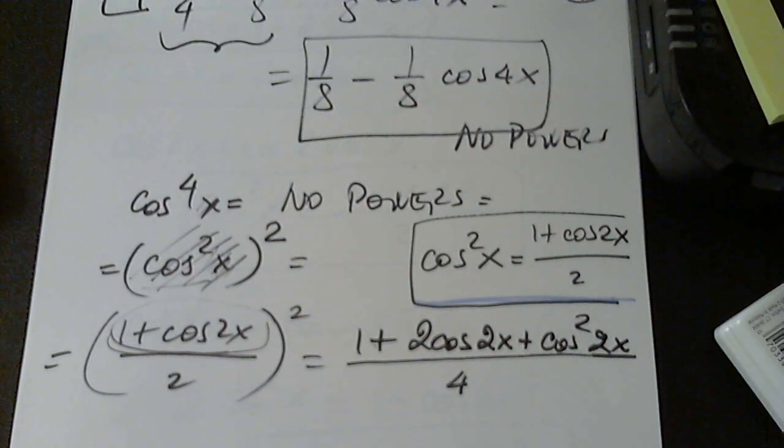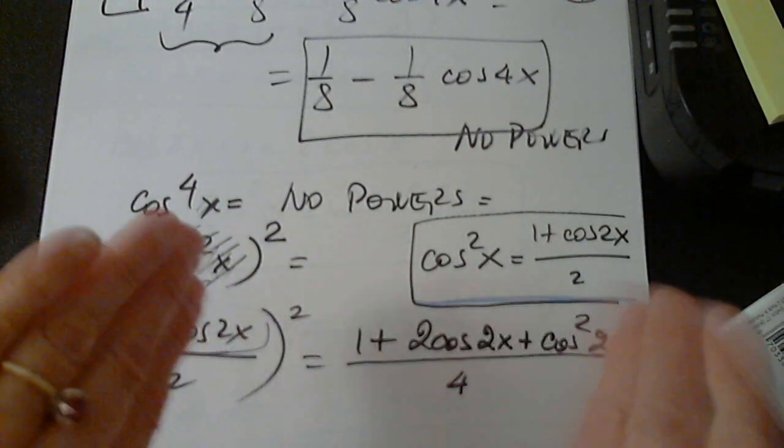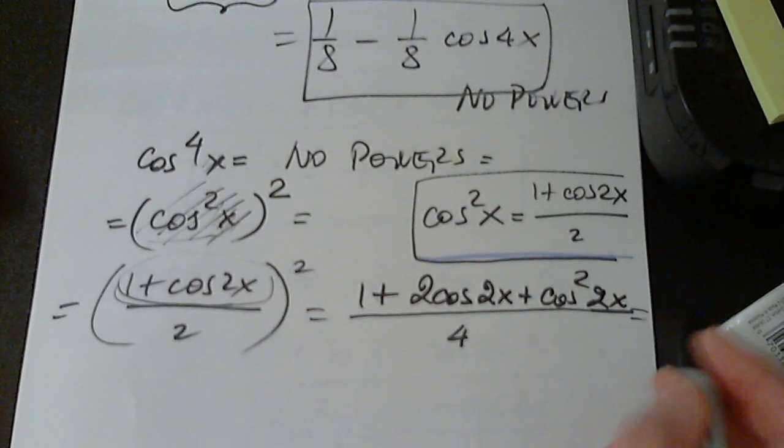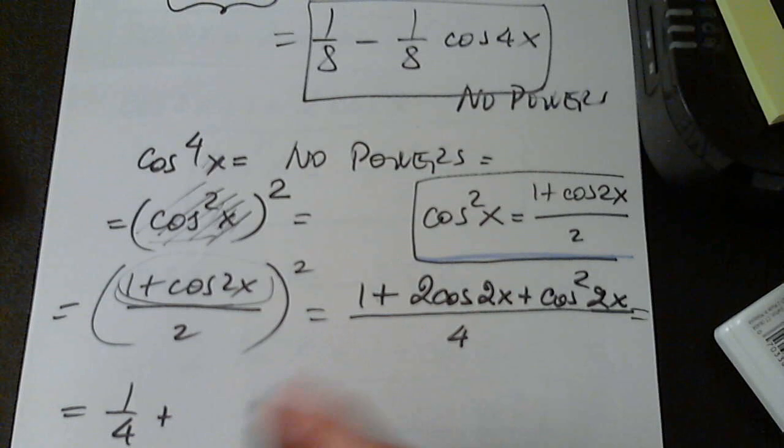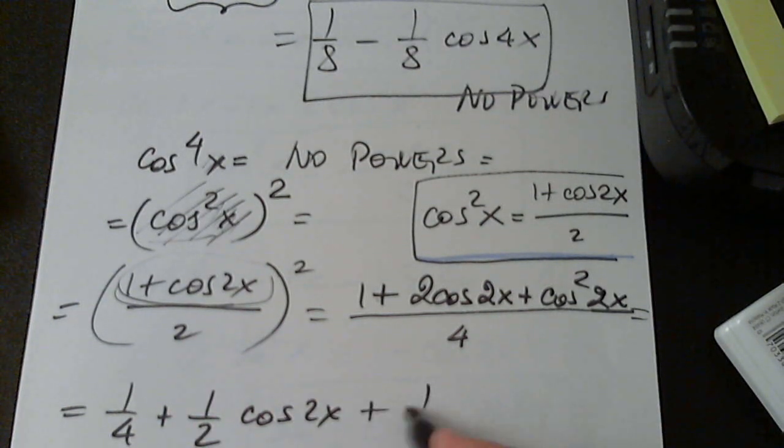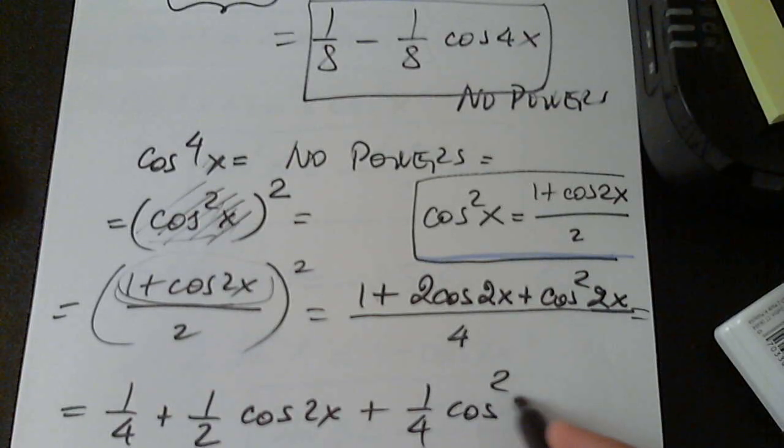Excellent. Thank you so much. I'll separate it again into 3 fractions now. 1/4, 2/4, which is 1/2 cosine 2x, plus 1/4 cosine squared 2x.